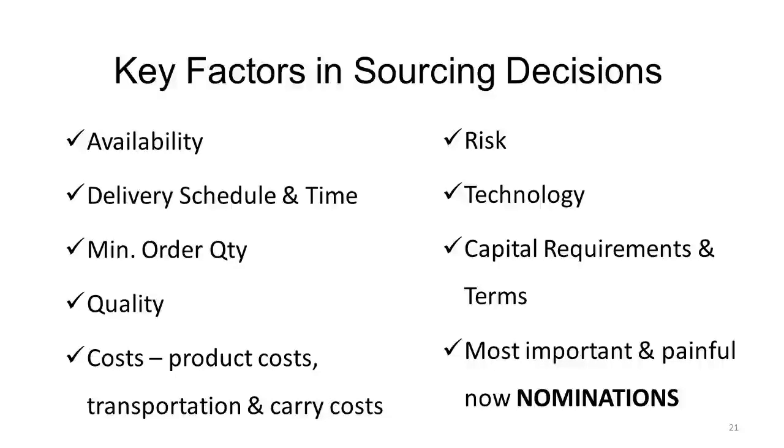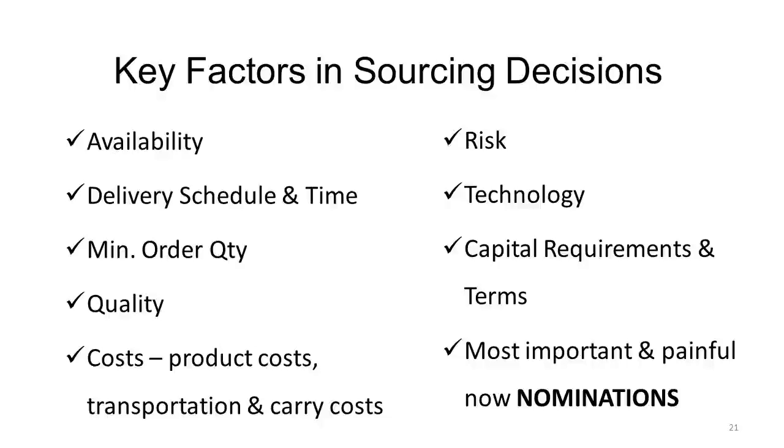And the eighth point is capital requirements. The capital requirements in terms of the infrastructure required to make a particular type of product. So if a particular vendor does not have that type of infrastructure, in that case I will not buy from them.